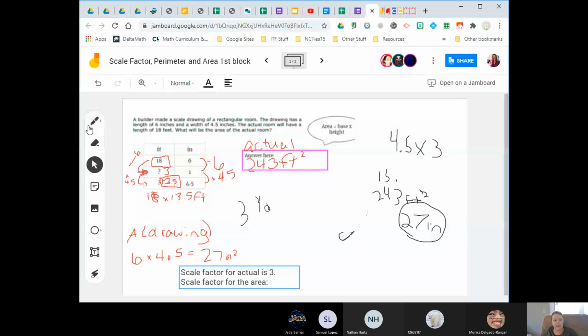So we're going to look at what is our actual divided by our drawing. So what is the ratio of the actual size to the drawing? So looking at the areas, 243 to 27. What scale factor would you get?